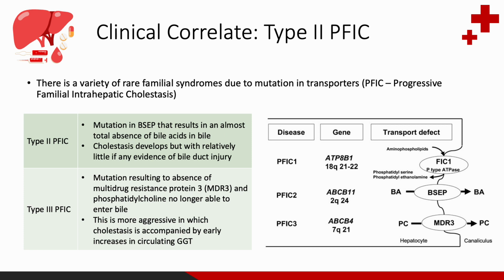In type 3 PFIC, the mutations result in absence of multi-drug resistance protein 3, or MDR3, and phosphatidylcholine is no longer able to enter the bile. This is more aggressive, in which cholestasis is accompanied by early increases in circulating GGT.